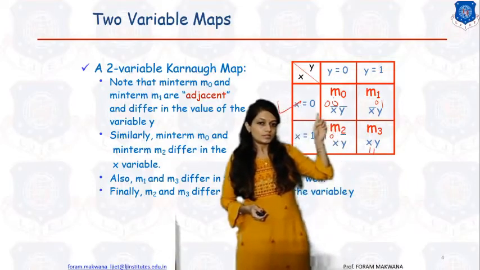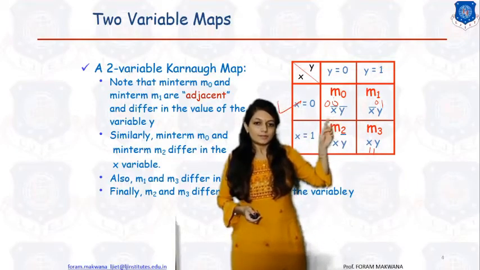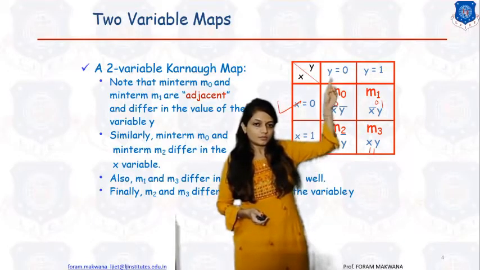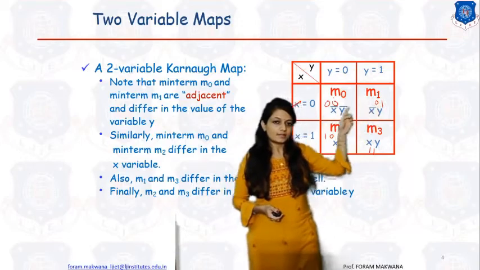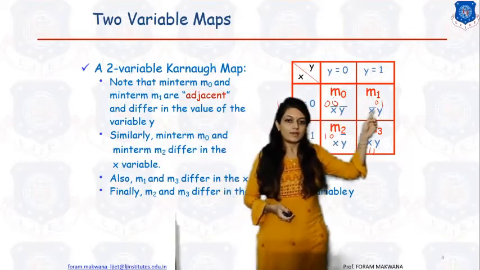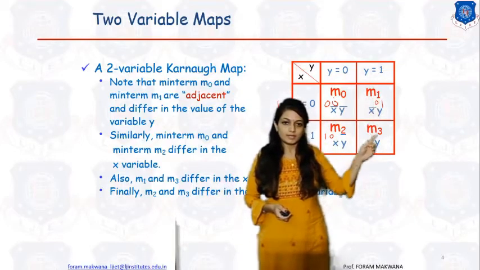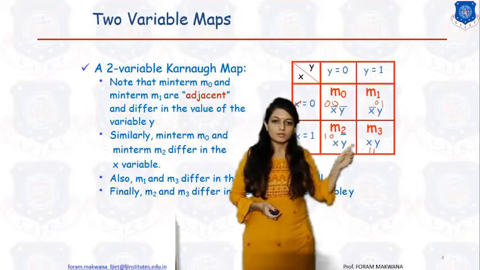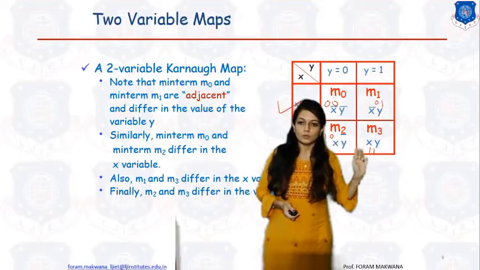This box represents x is equal to 0 and y is equal to 0. This box represents x is equal to 0 and y is equal to 1. Similarly, x is equal to 1, y is equal to 0. And x and y both 1, 1.